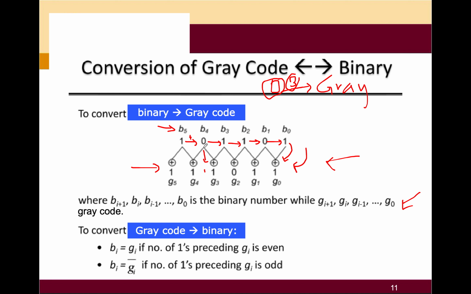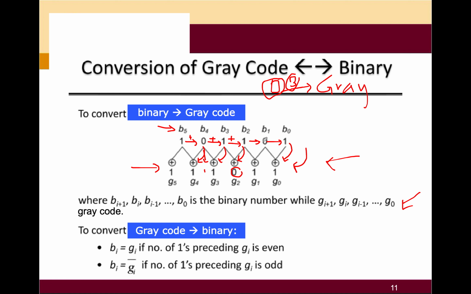So 1 plus 0, you get 1 over here. 0 plus 1, you get 1 here. And then 1 plus 0, you will get 2. But there is no 2 in binary. Later on you will check in the example part how it's going to move, and that's why 1 plus 1 you will get 0 for the gray code.